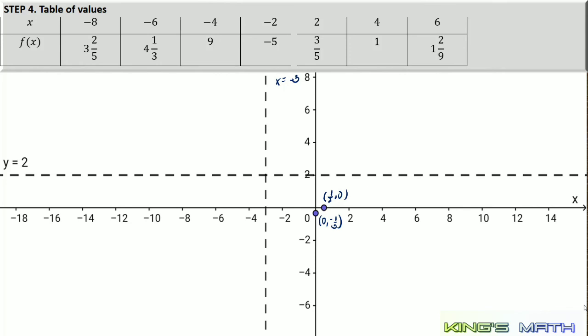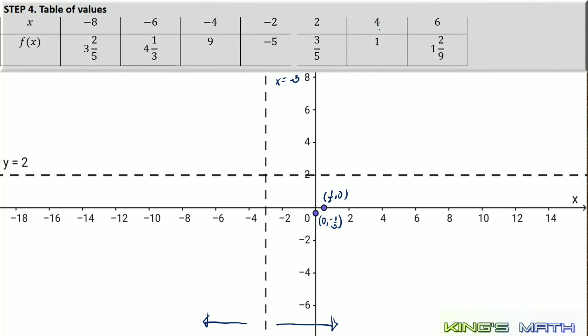To give you a clue in identifying the values of x, we can determine at least 3 numbers on the left side of our vertical asymptote and 3 numbers on the right side of our vertical asymptote. So in our case, we have here negative 8, negative 6, negative 4, negative 2, 2, 4, and 6. After determining these values, we are going to substitute them into the function and then solve.